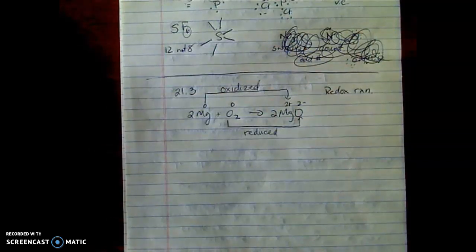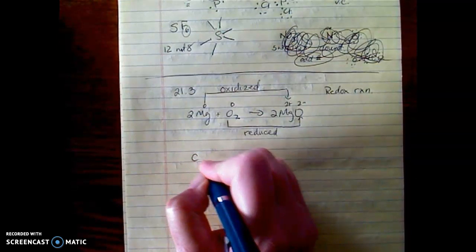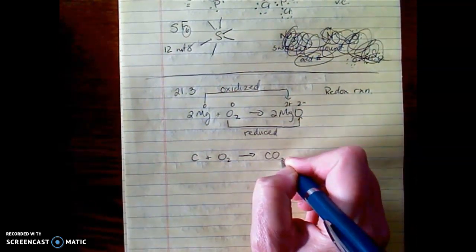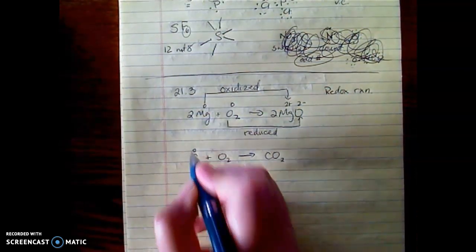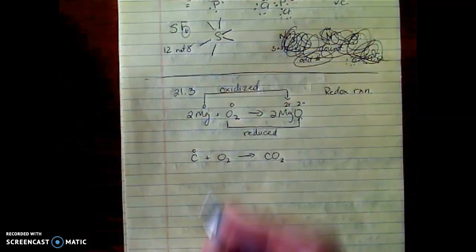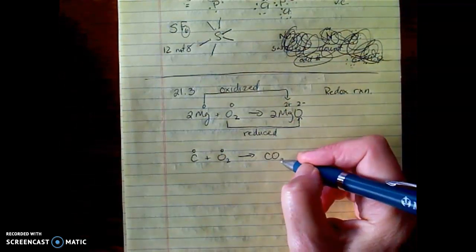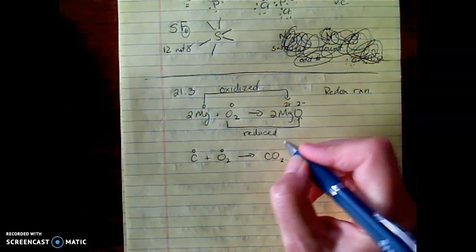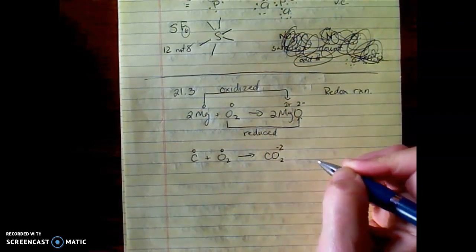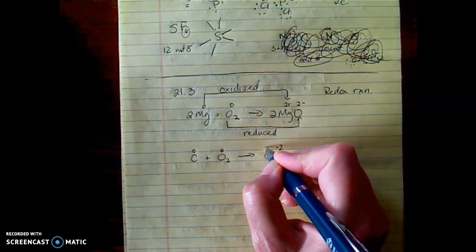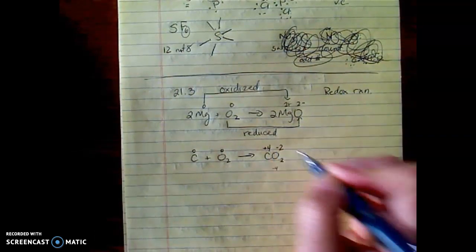Let's take a look at another reaction. We have carbon reacting with oxygen to produce carbon dioxide. Again, carbon is an element, so it's 0. Oxygen, elemental form, 0. Here, remember, oxygen is always a -2, unless it's a peroxide. Since there's 2 of these, that would give us a total of -4, which means our carbon has the apparent charge of a +4.